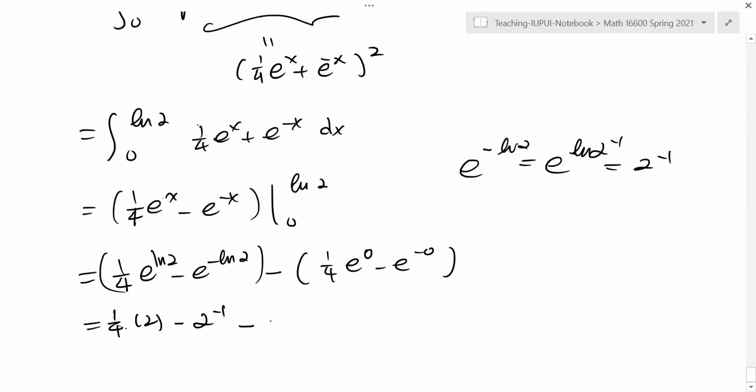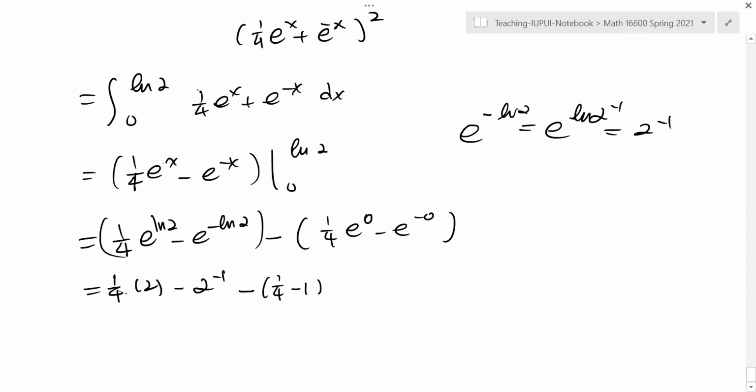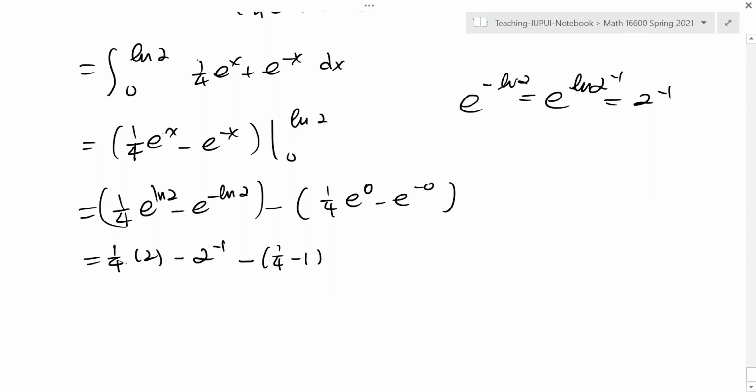And minus a quarter times 1 minus 1. This should be a positive number, otherwise there was a mistake. It's 2 minus 1/2, so that is 3/2, and the minus 0 part is 0. So the answer is just 3/4. This is a positive number.